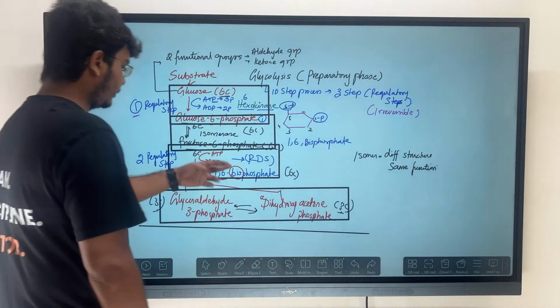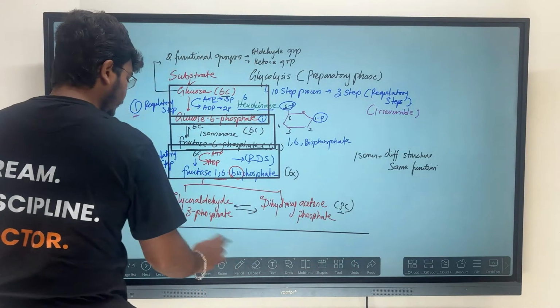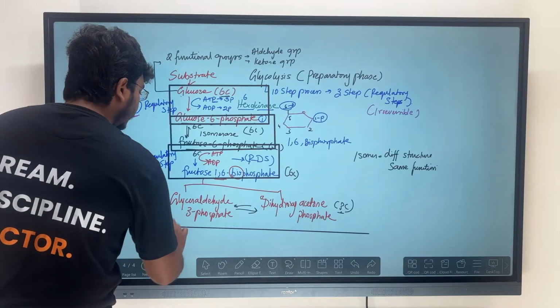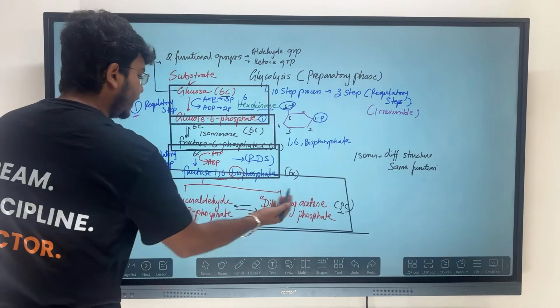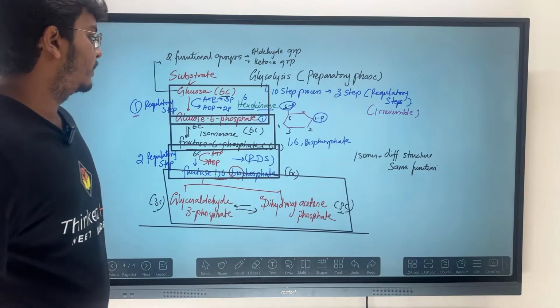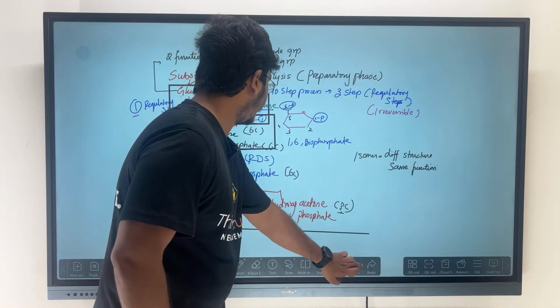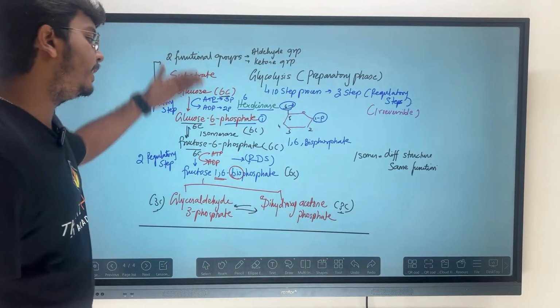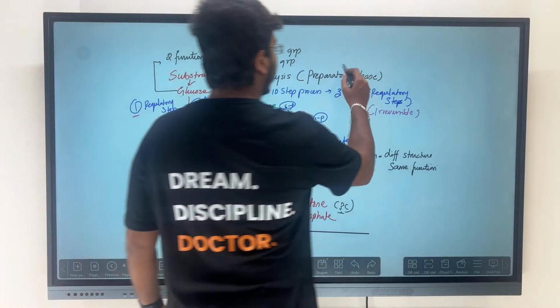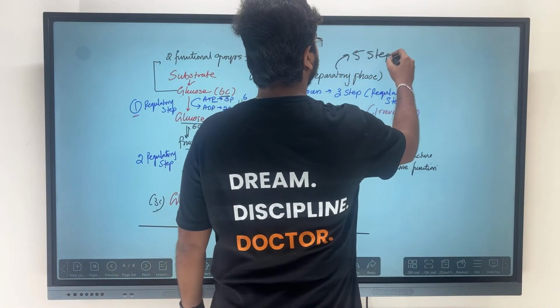Got it? Actually this will be step 4, and then the isomerase is the 5th step. So in total how many steps are included in the preparatory phase? It is a 5-step process.